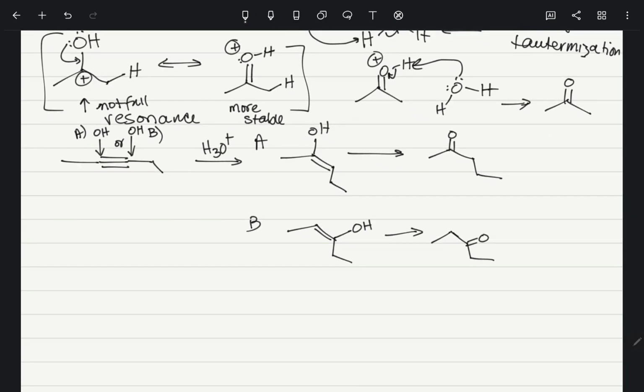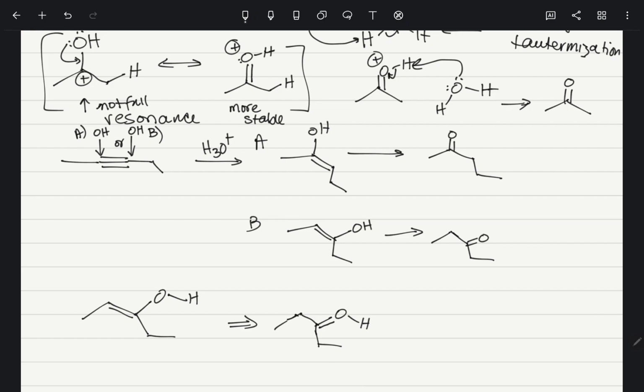To remember how to do this, my little trick is, wherever your double bond is and your OH is, first start with that, then take your double bond and erase it, and then put the double bond back over here.